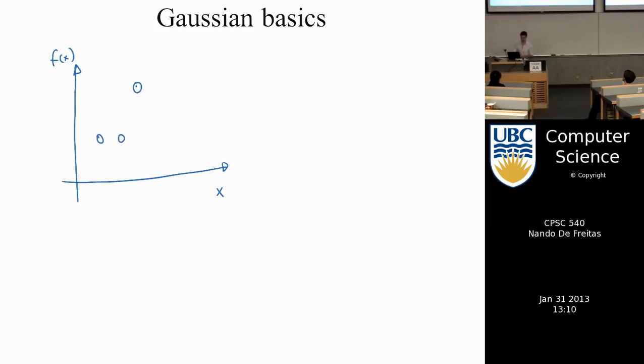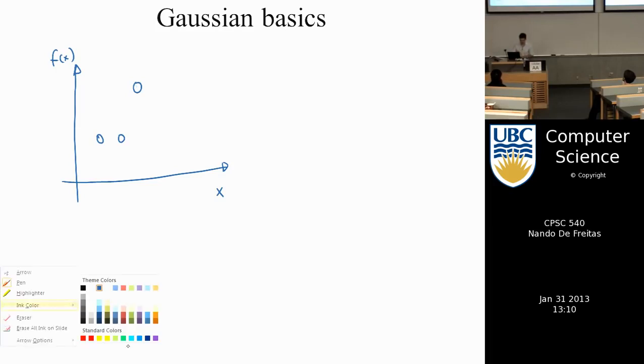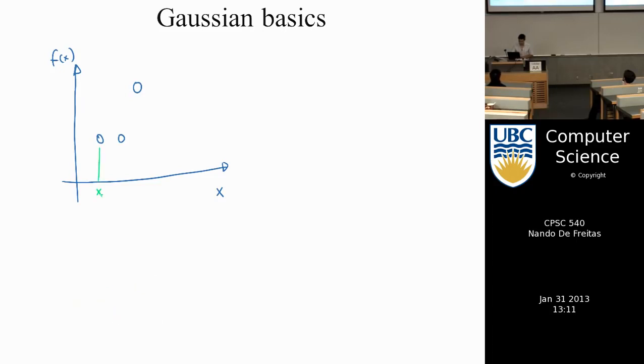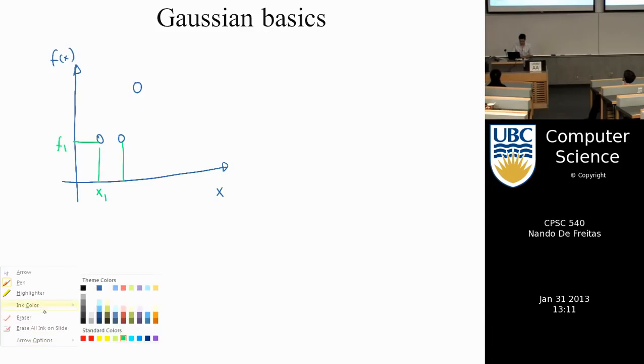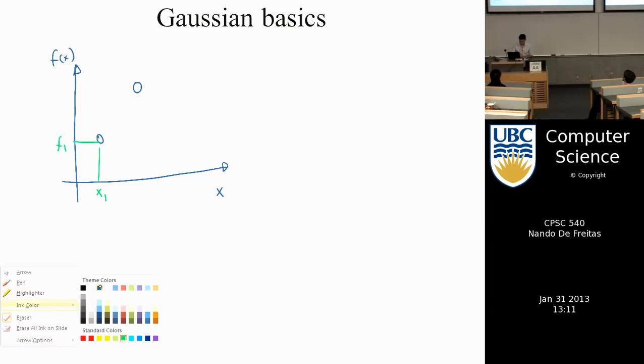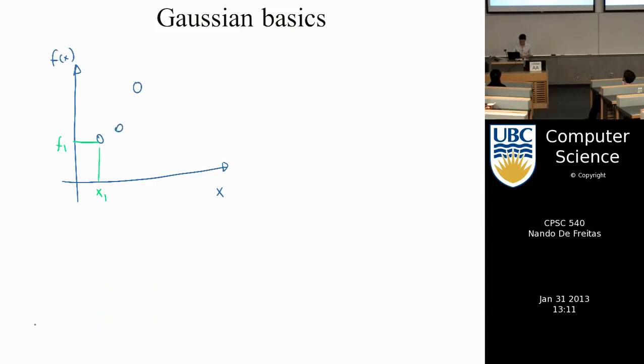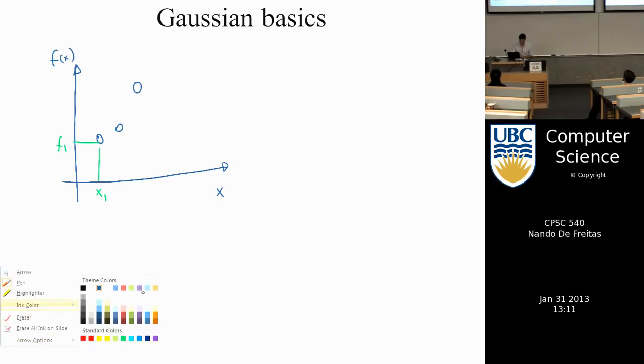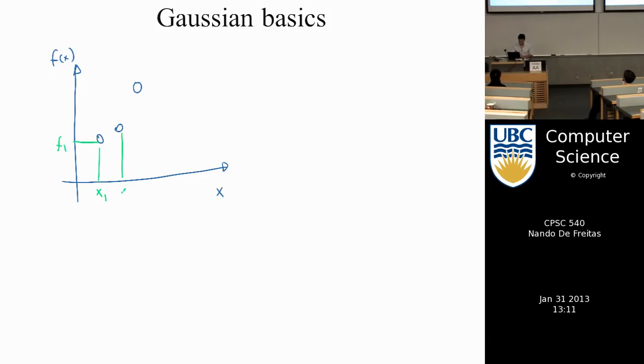I will label those data points x1 with height f1, x2, x3, and then I'm going to call this height f2, and this height f3.